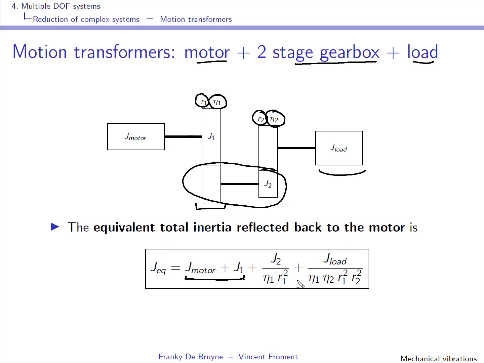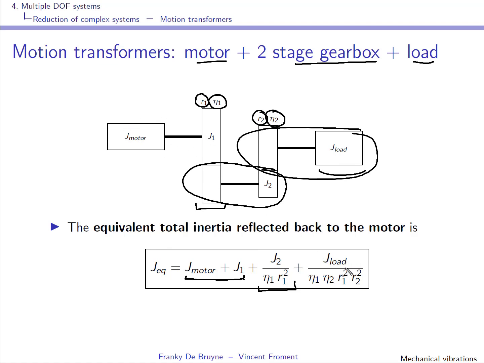So this gives us this term over here, and the inertia on this axis over here has to be brought back first to this axis and then to this axis.